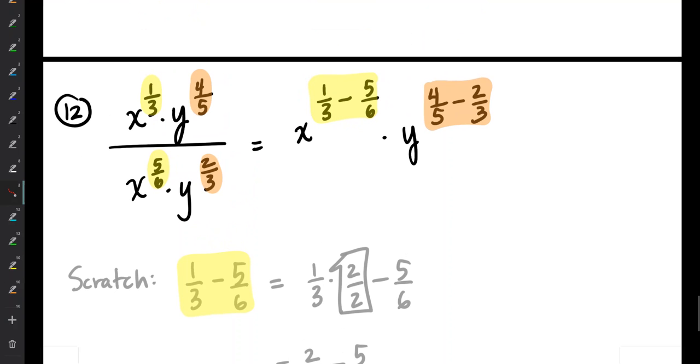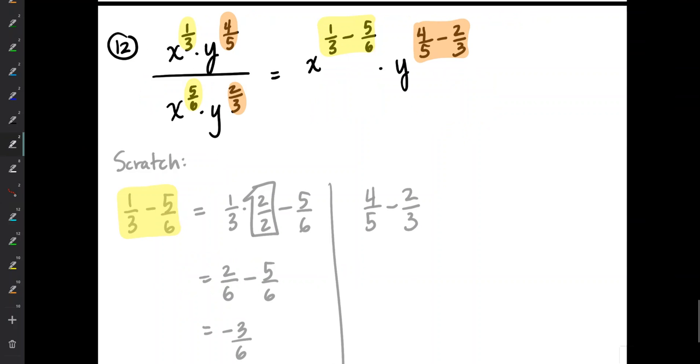Let's go ahead and do some scratch for 4/5 minus 2/3 as well. The least common denominator between 5 and 3 is 15. If I skip count by 5s and skip count by 3s, the first number that they have in common, their least common multiple, is 15.